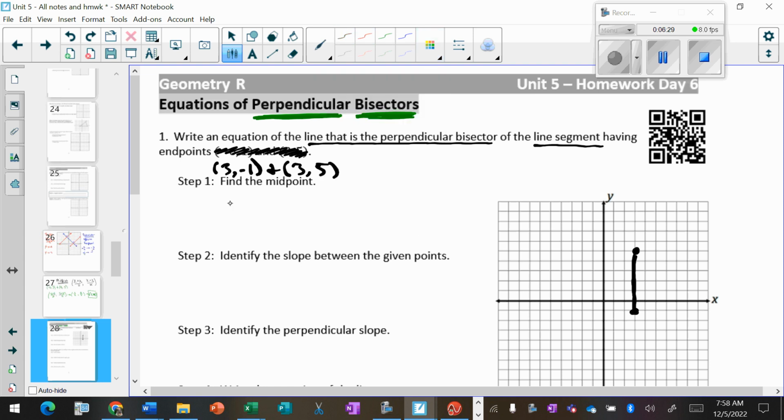Step 1, we're going to find our midpoint. And the midpoint is like what we just practiced on the last page. We're going to add the two x values together, divide by 2, and we are going to add the two y values together and divide by 2. Now keep in mind, guys, you're watching a video, so if I'm going too fast, just hit pause, write down what you need to write down, and then hit play again, and you can continue.